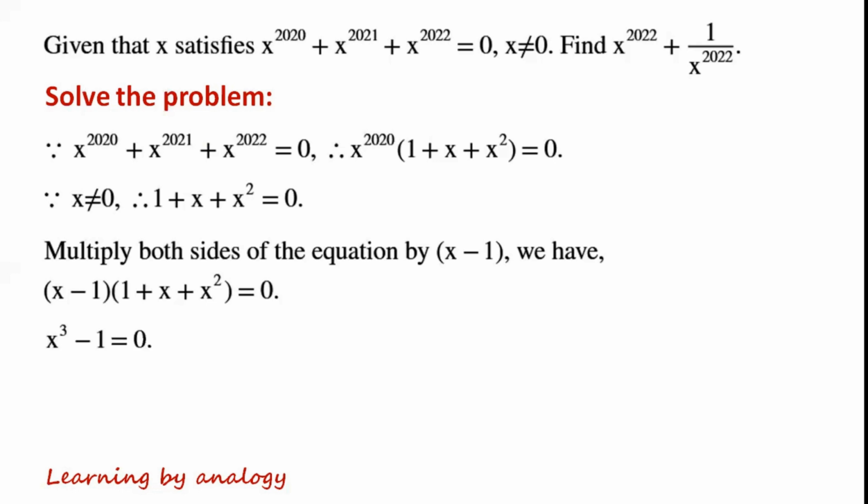By simplifying this equation, we can write x cubed minus 1 equals 0. By rearranging this equation, we have x cubed equals 1.